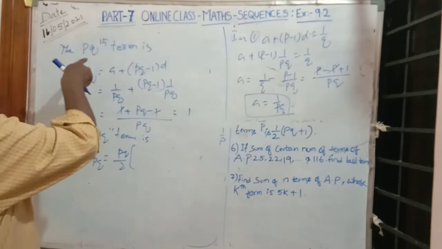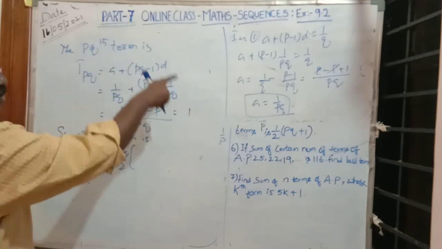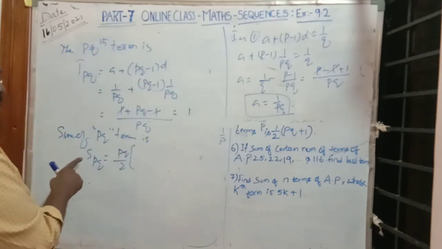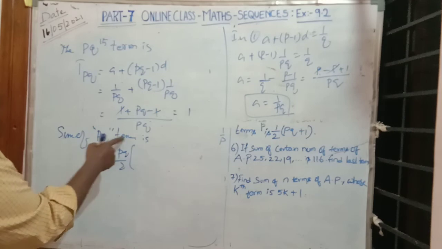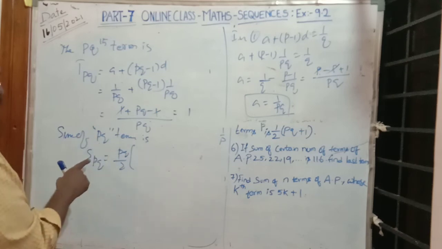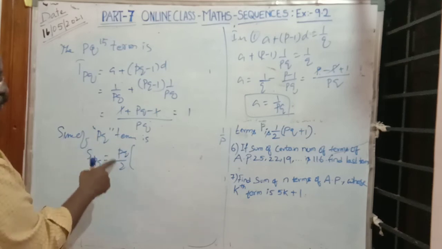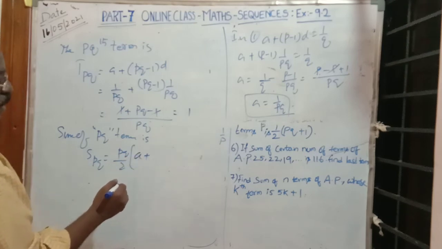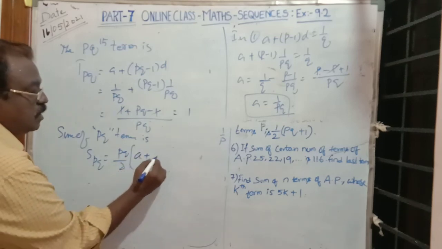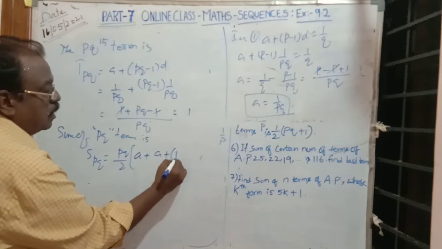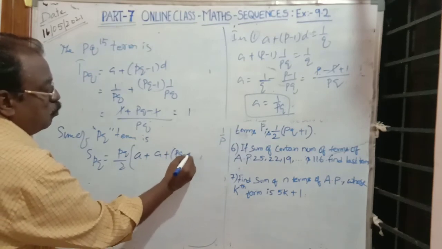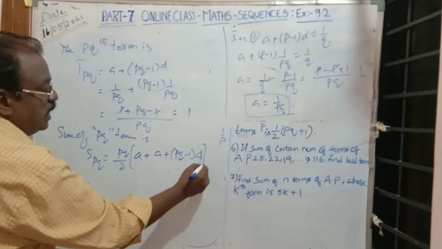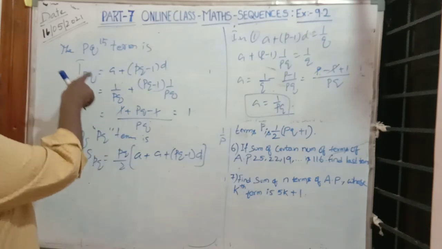The sum of n terms, here pq terms, S pq, pq by 2, n by 2 is (A plus the last term), which is A plus (pq minus 1) into D.